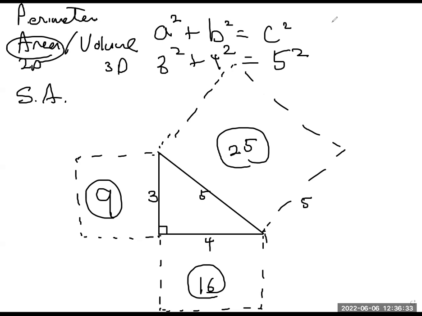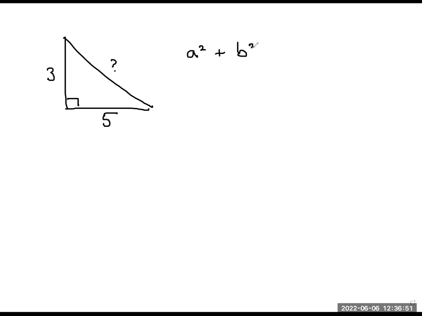So here's a couple of examples, just again, very, very quick. If I had a right angle triangle, it has to be right angle. This was, let's say, 3, and that was 5. What is that length? Well, I know that a squared plus b squared always equals c squared. What number is a? Yeah, sure. So it's 3 squared.